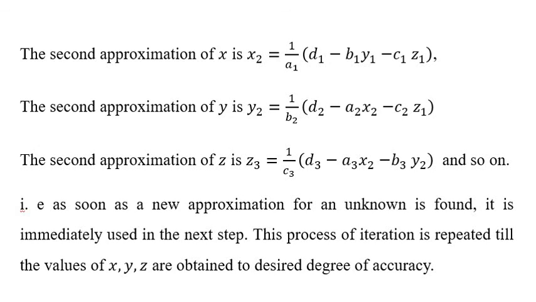This process of iteration is repeated till the values of x, y, z are obtained to the desired degree of accuracy. Since the most recent approximations of the unknowns are used while proceeding to the next step, the convergence in the Gauss-Seidel method is very fast.